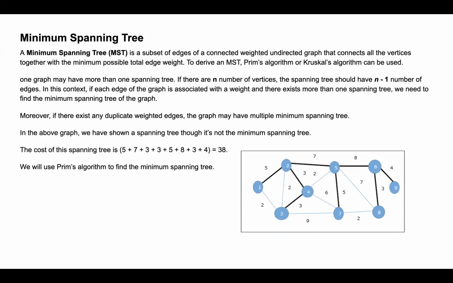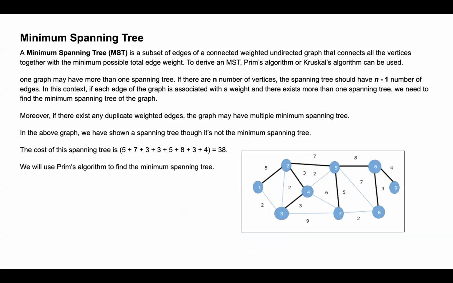Here the weights are included for all the edges. A minimum spanning tree is a subset of edges of a connected weighted undirected graph that connects all the vertices together with the minimum possible total edge weight.